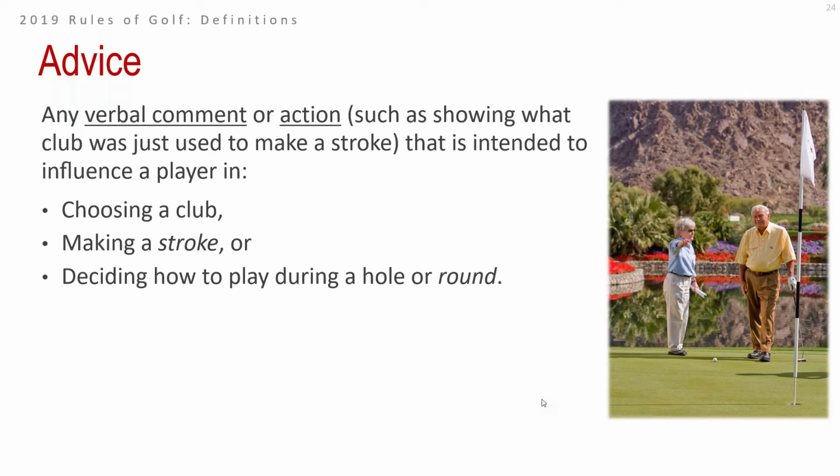If we accidentally move our golf ball within the general area, unfortunately, we are going to be penalized 1 stroke and have to replace the ball on the spot unless certain things were taking place, like searching for a golf ball. Or again, if you were marking your golf ball under a rule that allows you to mark your golf ball and you accidentally move it, you wouldn't be penalized.